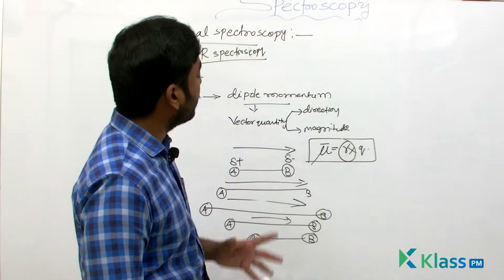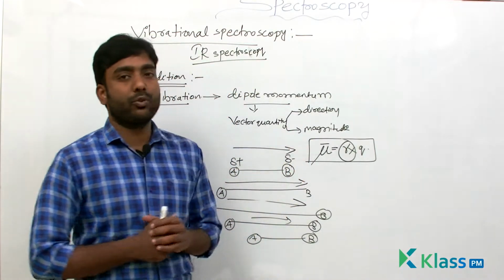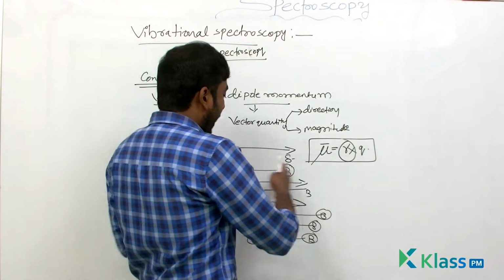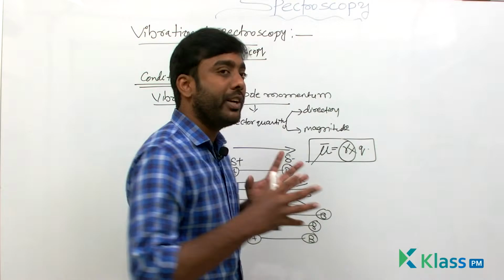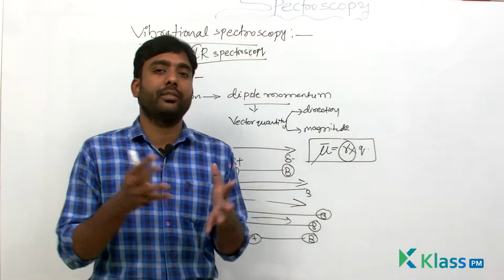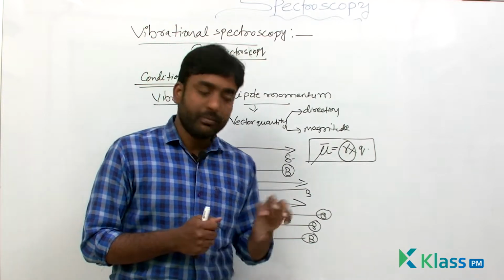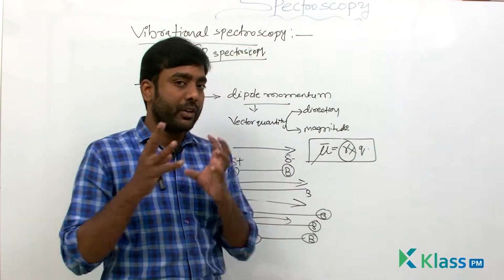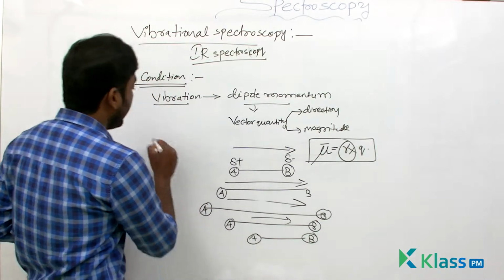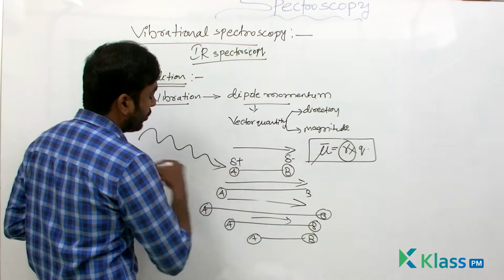Then how is it observed in IR spectroscopy? Because here there is a vibration, a continuous oscillation. Vibration is nothing but oscillations occurring. These oscillations will have a particular frequency. Then we are sending electromagnetic radiation to this.